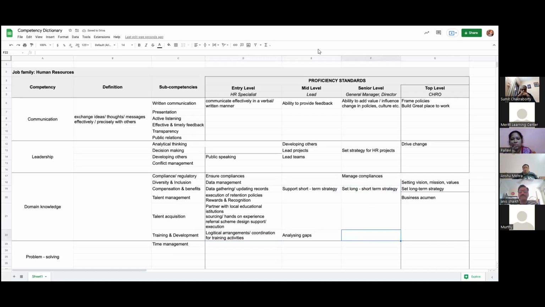Can we put preparing a plan by coordinating with senior level? Training plan.